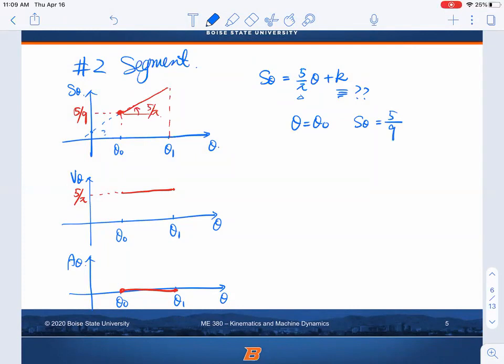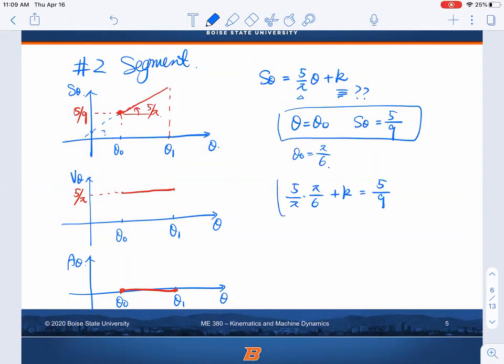That means when you know the entire velocity for one segment, you don't need to solve a lot of equations. Just one equation will be okay. Your theta naught is pi over 6, and the equation is 5 over pi times pi over 6 plus k equal to 5/9. Then you can find your k value.